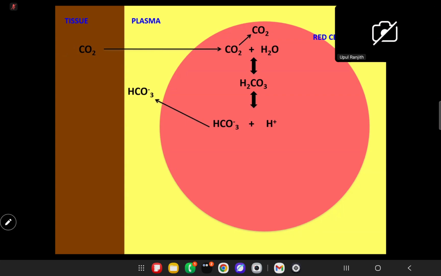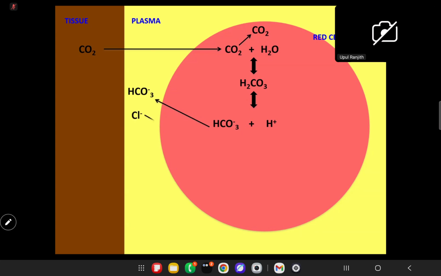That bicarbonate will diffuse into the plasma due to concentration gradient, because the concentration of bicarbonate will be increased inside the cell. So hydrogen ion cannot diffuse out, but bicarbonate can diffuse out of the red blood cell into the plasma, right? Due to increased concentration inside.